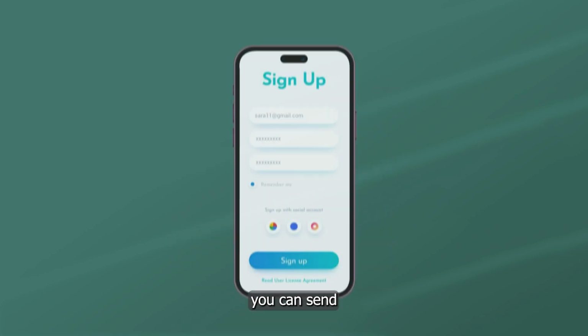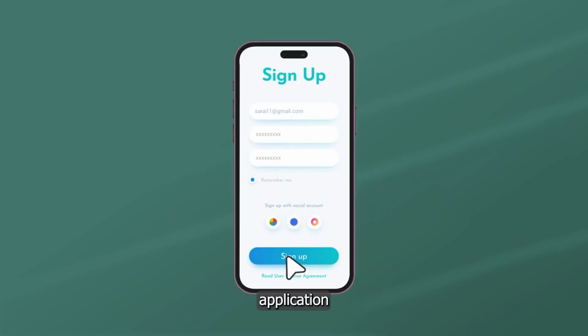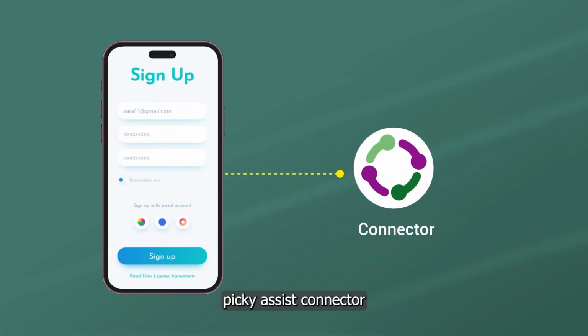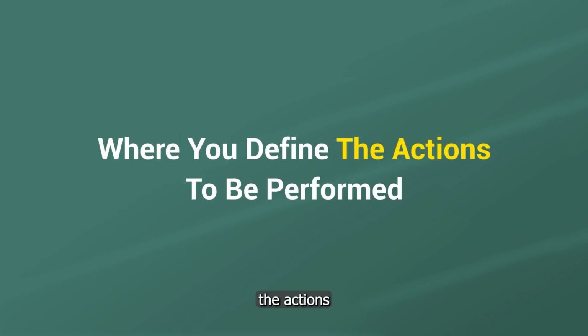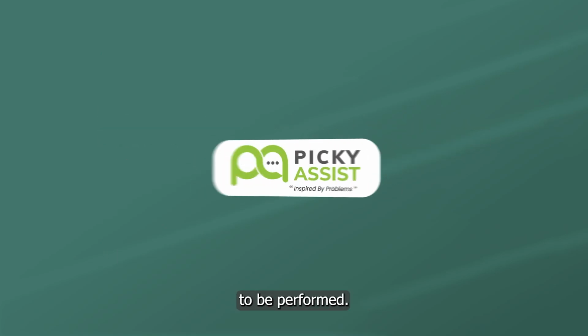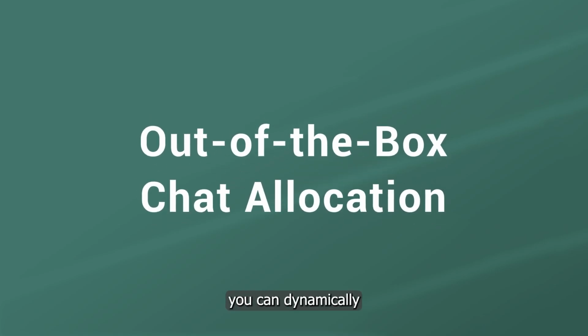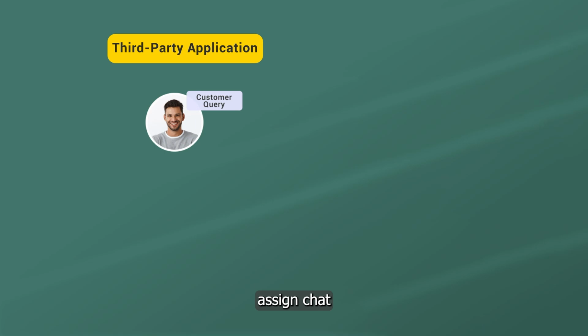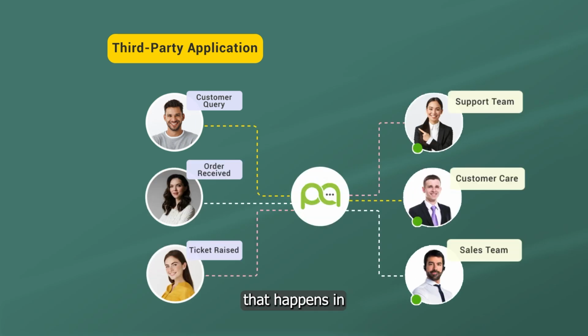Technically, you can send a request from your application to the Picky Assist connector, where you define the actions to be performed. With the Picky Assist out of the box chat allocation, you can dynamically assign chats based on events that happen in any third-party application.